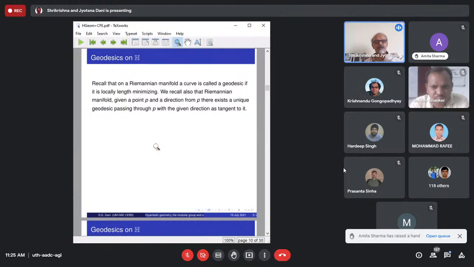Only one of the two arcs that are formed will be length minimizing, while the other part should also be thought of as a geodesic. So this lacuna is taken care of if you assume not that the curve should be length minimizing, but only locally, that it should be possible to cover it by segments where the curve is length minimizing. Anyway, I'm sure all of you have some exposure to all of this, so I need not repeat all this. But I thought my own contribution to clarifying some of this might help you.